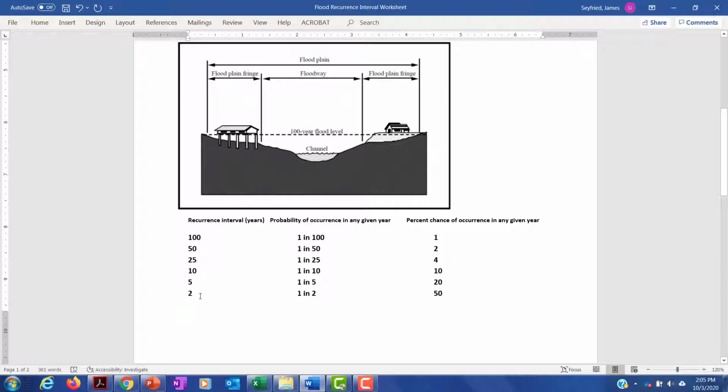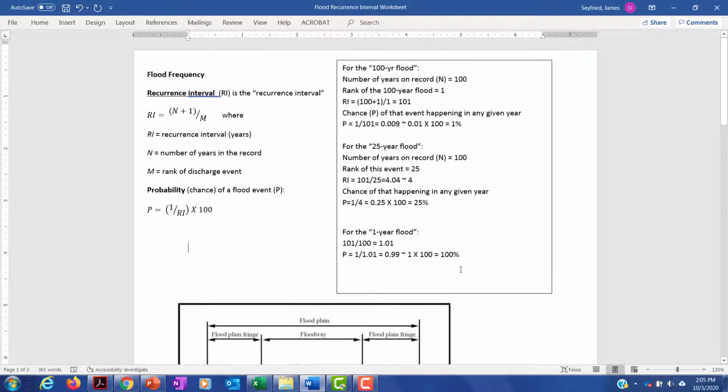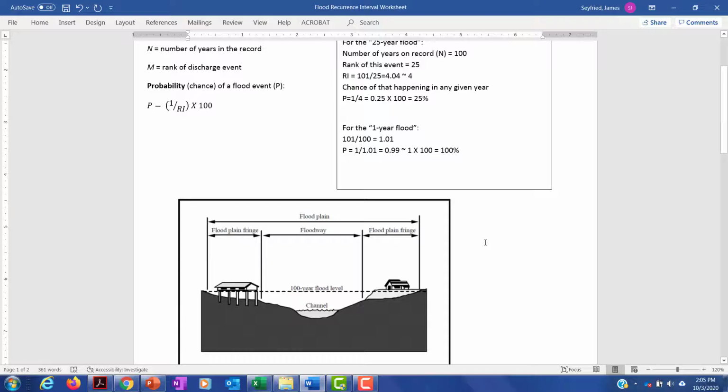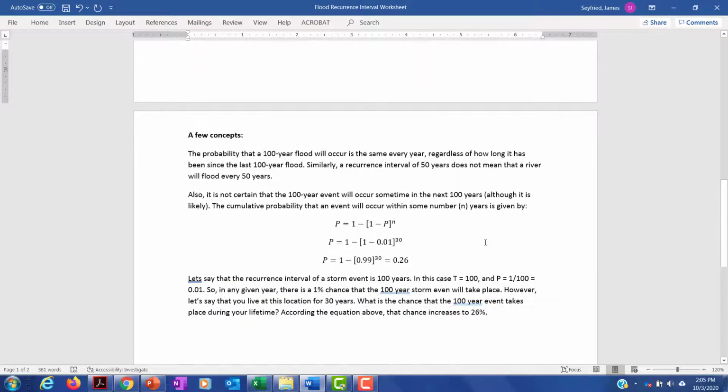In this second example, if it occurs every 2 years, then the chance of it happening is 1 in 2, which is 0.5 or 50%. So that's the terminology. And I'm going to dive in a little bit deeper in a minute. But before that, I want to lay out a key concept.